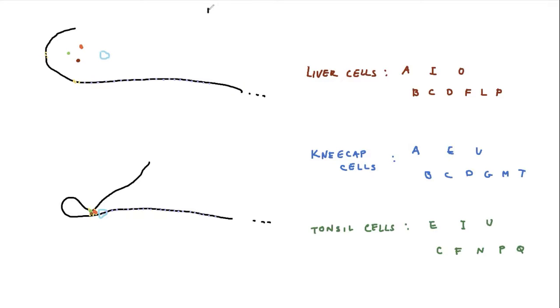So I guess the question is, turn this gene on in some cells, but not others. And this is particularly important in a multicellular organism like a human, right? And so, there might be some genes that would be required in liver cells and tonsil cells, right? But not in kneecap cells, right?